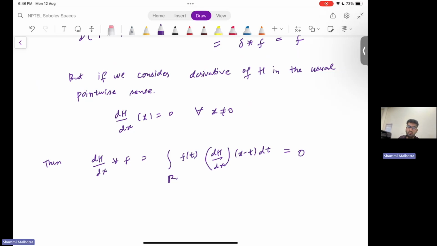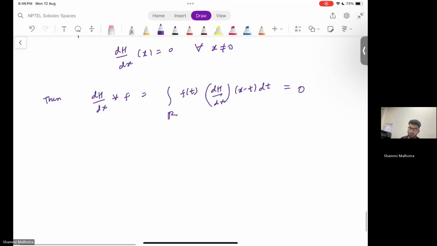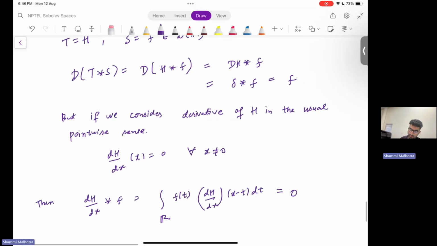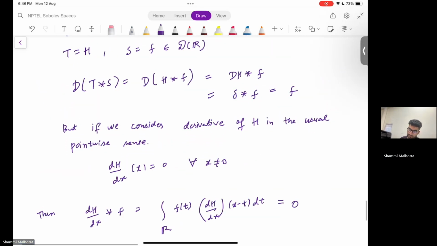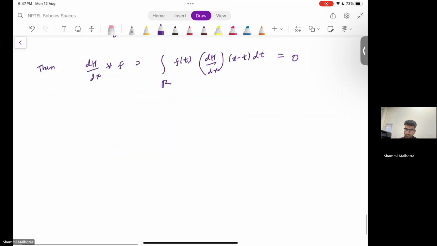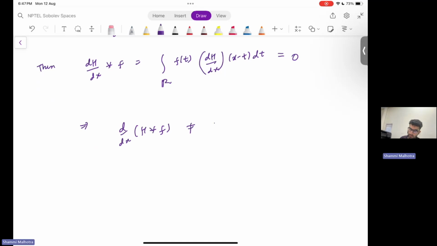But what this actually implies is that d/dx of H star f is not equal to dH/dx star f.